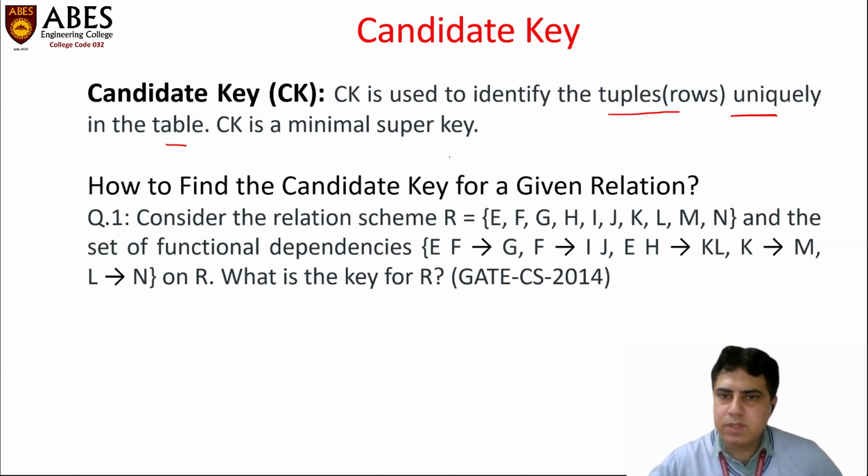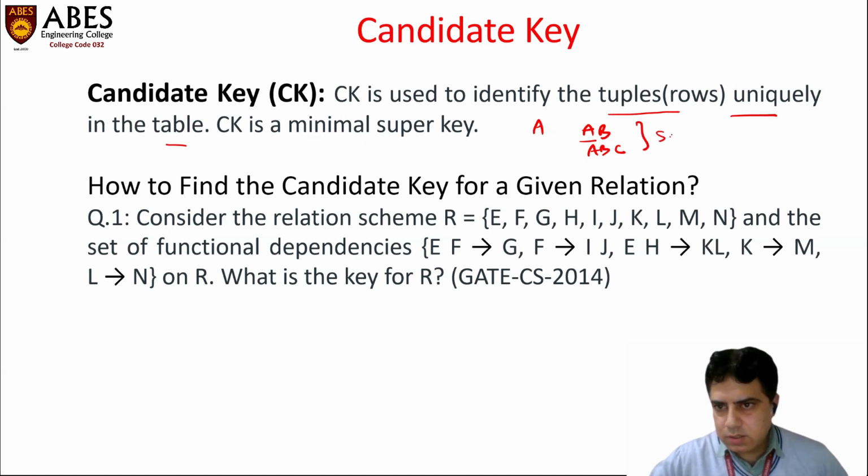Candidate key is a minimal super key. For example, if A is the candidate key, then the combinations AB, ABC are super keys. These are supersets of the candidate key, so that's why they are called super keys.